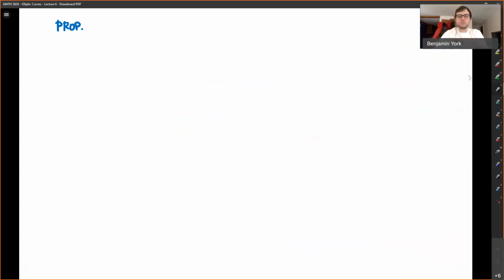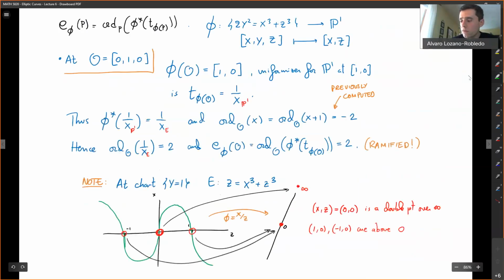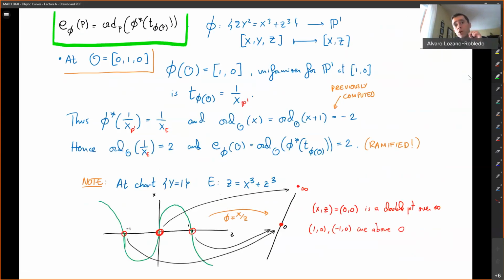The definition of ramification is just for a point, right? You take one point and a map, and I tell you if it's ramified or not. But it turns out that we're going to need to know the ramification at all the points, including points in the algebraic closure.